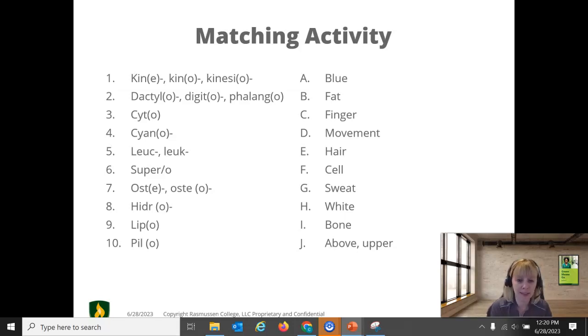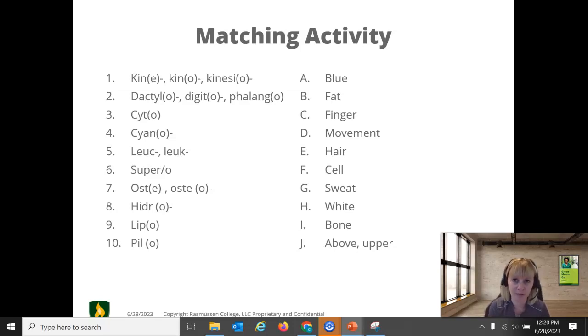And on the opposite side, we do have some terms of what those mean: blue, fat, finger, movement, hair, cell, sweat, white, bone, above or upper. So what I would like you guys to be able to do is pause the video and match them up.